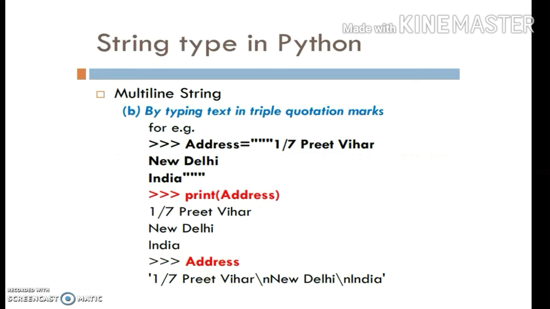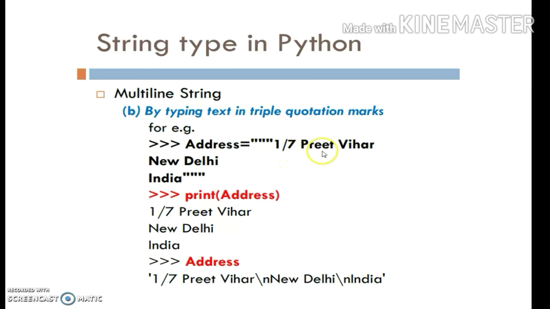Second one, multi-line string. By typing text in triple quotation marks. That is, to use a multi-line string, you can type a string between triple single quotes or between triple double quotes. See the example, address equal to, can you see the three double quotes?